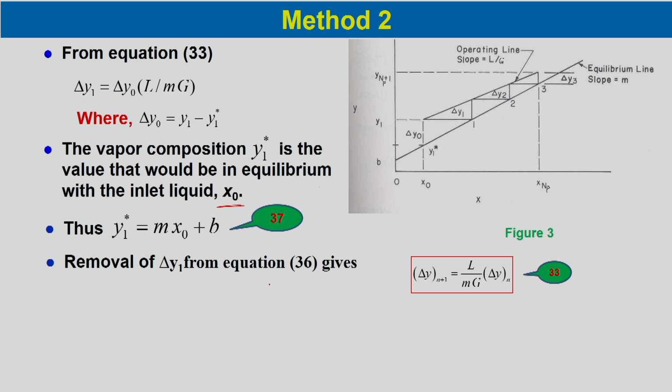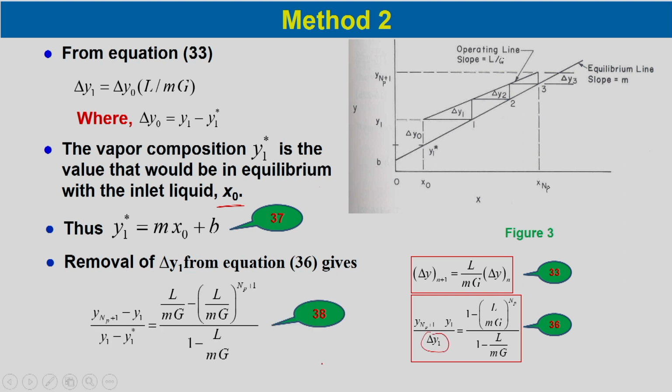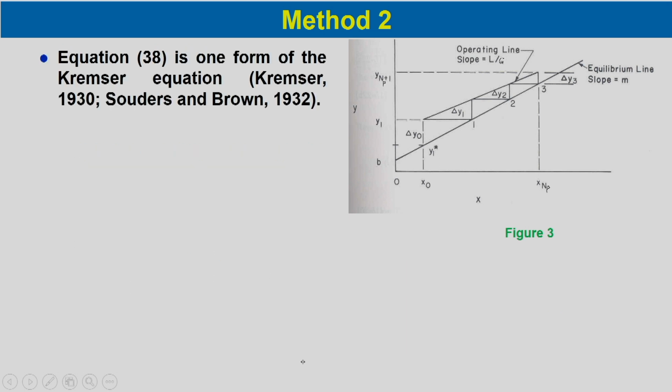Removal of delta y 1 from equation 36, which is given over here, will give us (y n p plus 1 minus y 1) divided by (y 1 minus y 1 star) would be equal to (L by m g minus (L by m g) to the power n p plus 1) divided by (1 minus L by m g). So, this is equation 38.